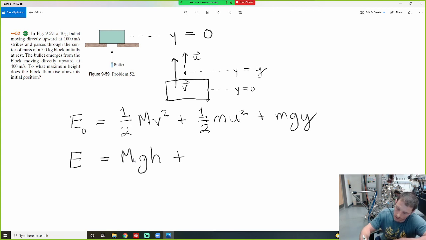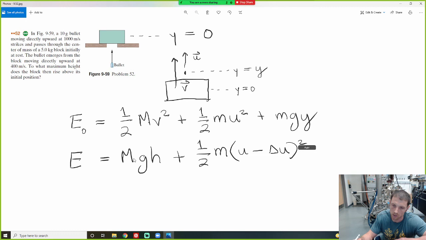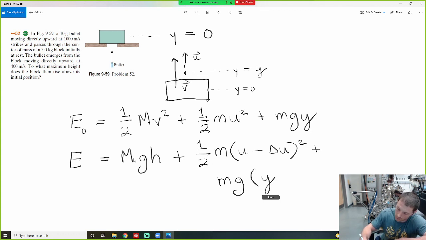So what I could write here for the kinetic energy of the bullet now is 1/2 m, and then something like u minus delta u quantity squared, just to show that it has decreased. And then similarly for the gravitational potential energy of the bullet, we know that it's going to continue to rise up into the air. So we could write something like mg, script y plus delta script y.